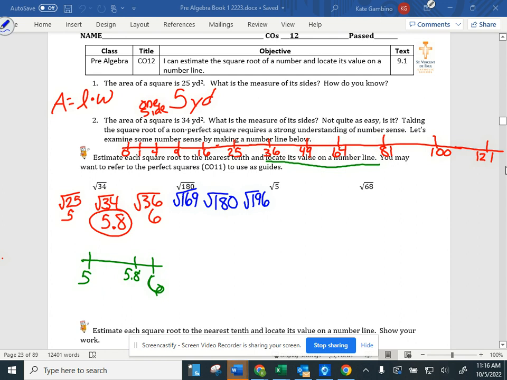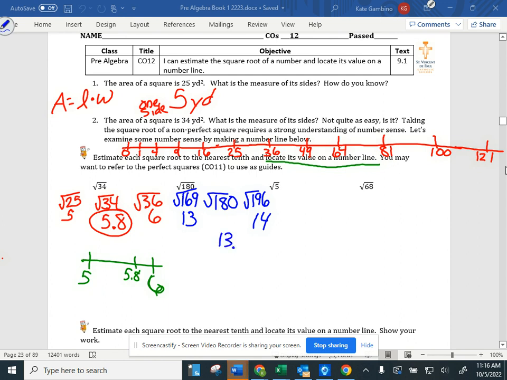Yeah. Let's see. 13. What's the square root of 196? 14. So what does that tell us about our estimate? It's going to be, what's my whole number? What does it have to be, Evelyn? What does my whole number have to be though?